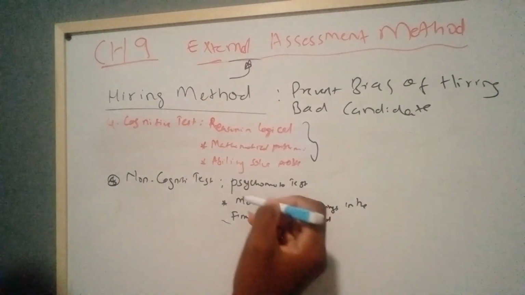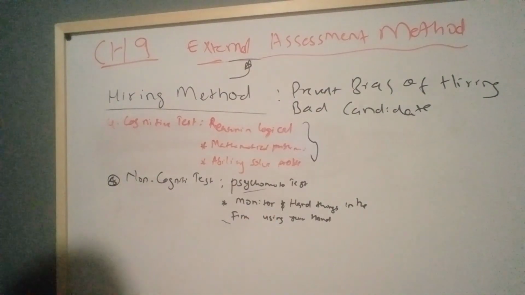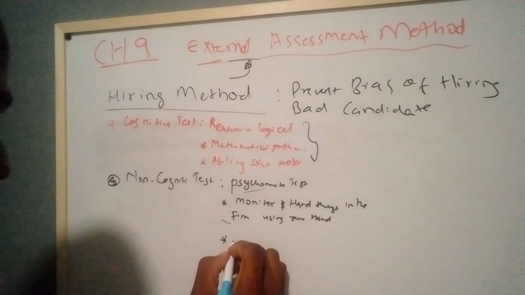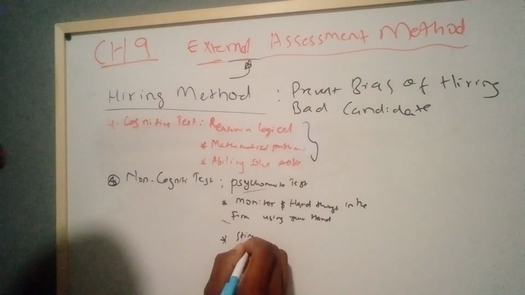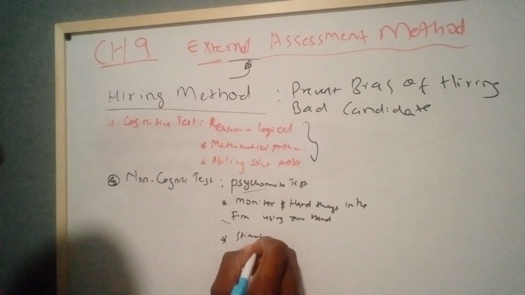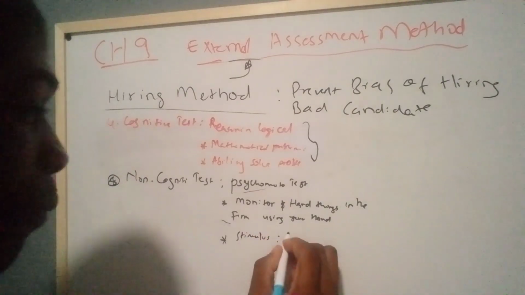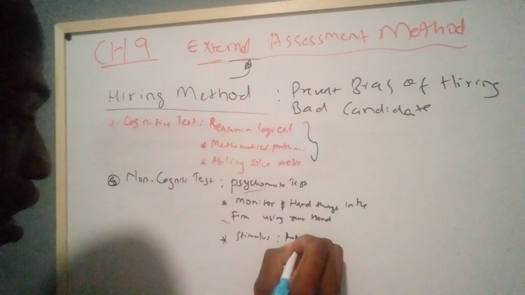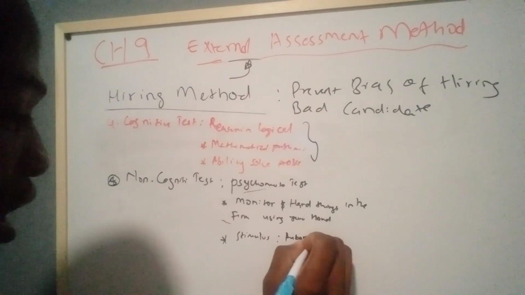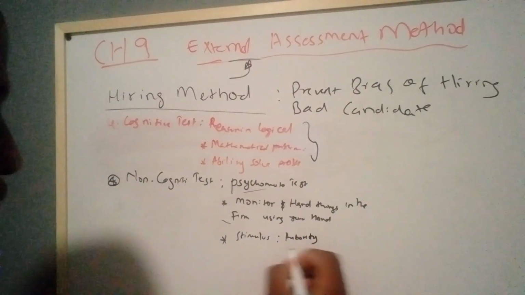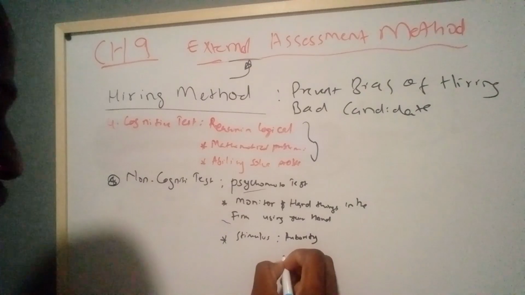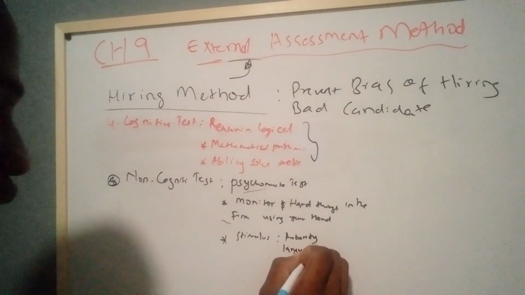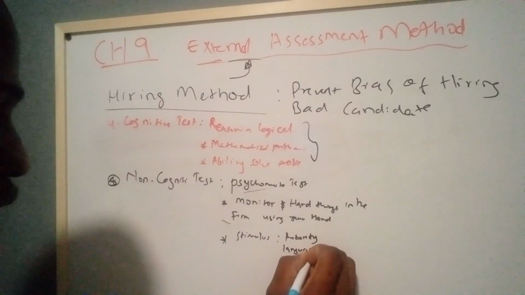That is psychomotor. And another thing here, they try to assess the stimulus, which is the auditory. How much can you hear? And then another one, which is language and speech.